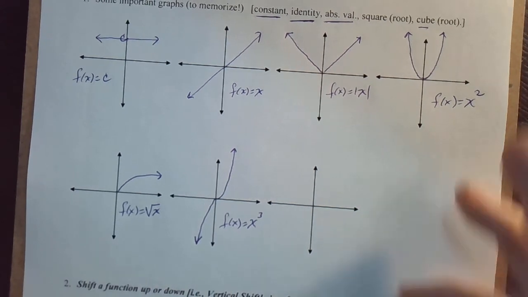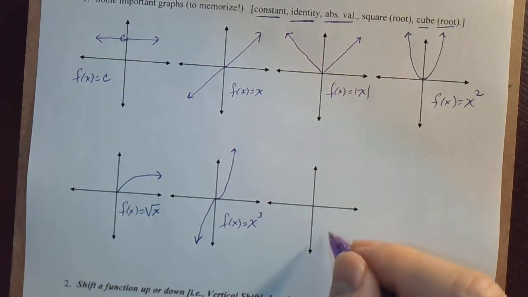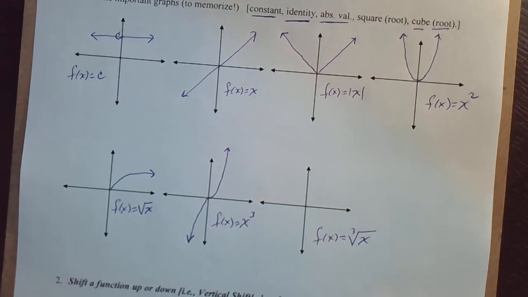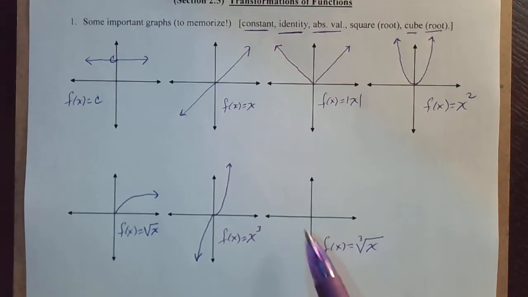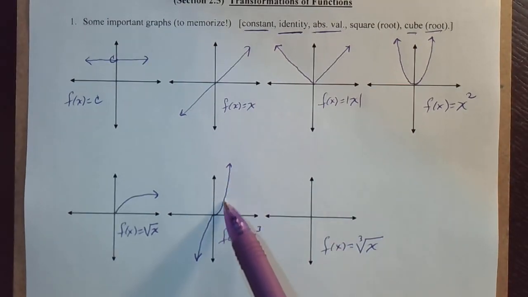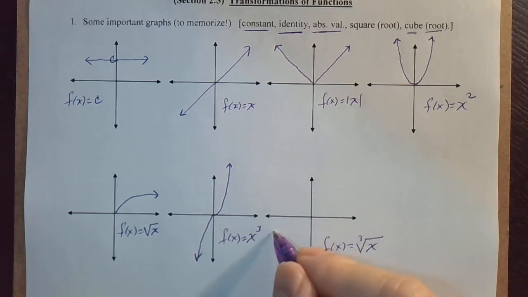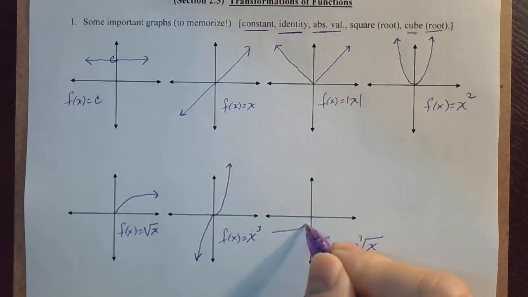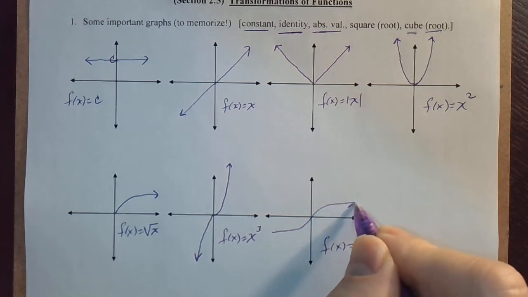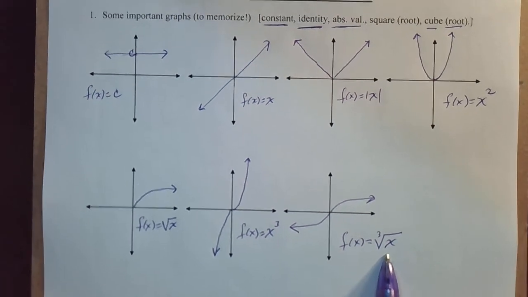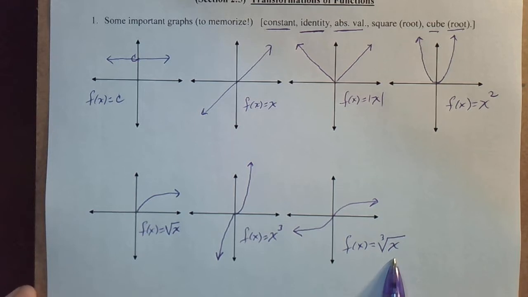And then the cube root function, f of x equals the cube root of x, has exactly the same shape as this graph. If you could pick this up, flip it around and move it sideways, we would get something like this. So these are some important functions that you should memorize, because it might save you some time in doing problems.